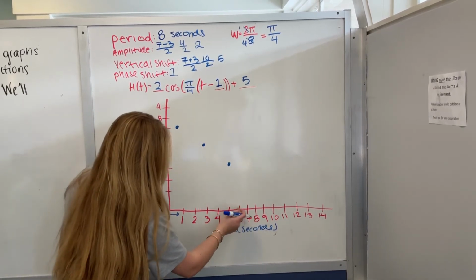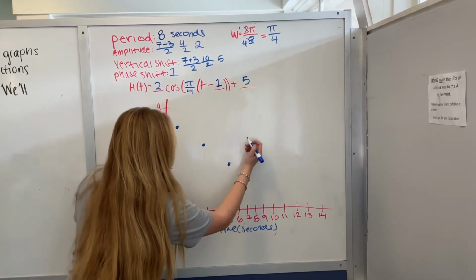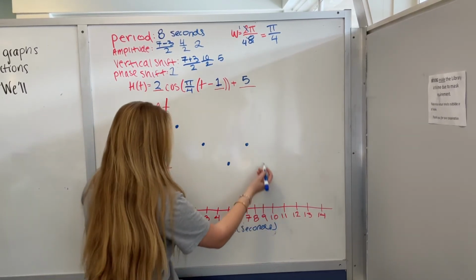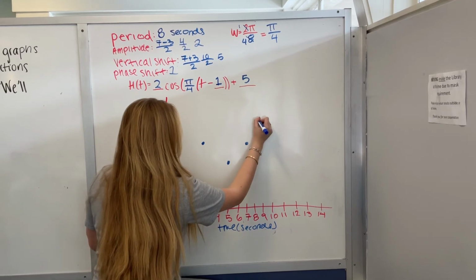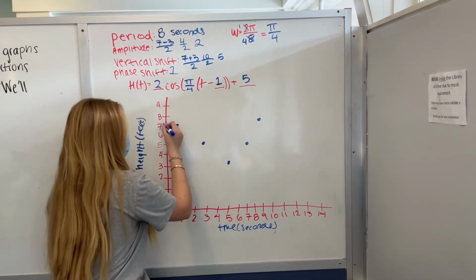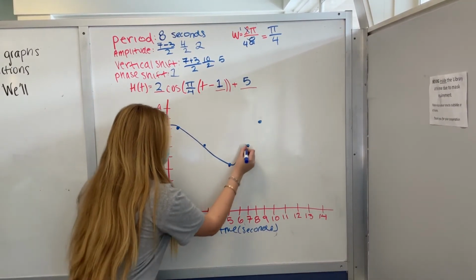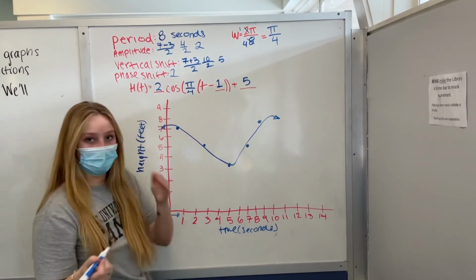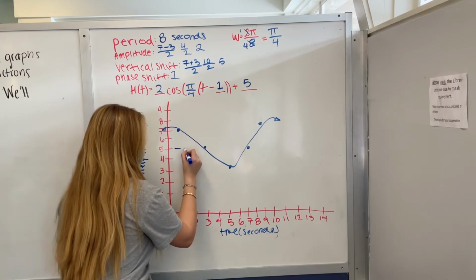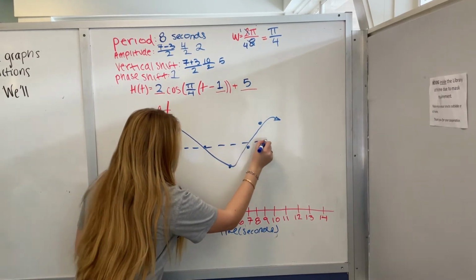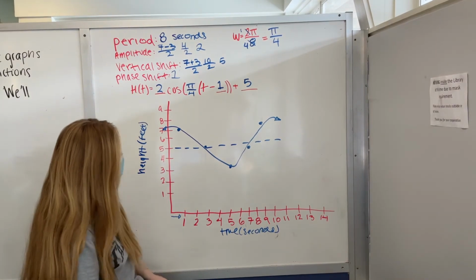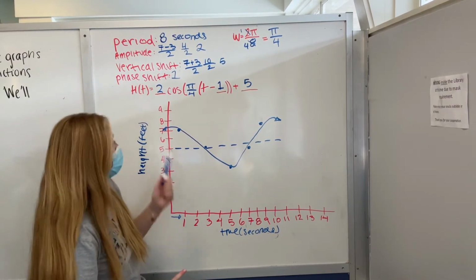So now we go over another and up back at 5, and then another and go back up to our maximum. And this is what our graph looks like. If it makes it easier to see, that's what our vertical shift gives us.